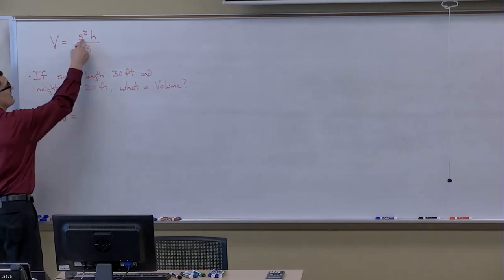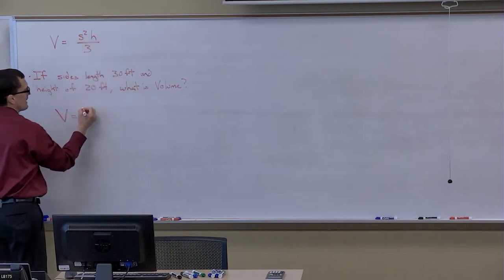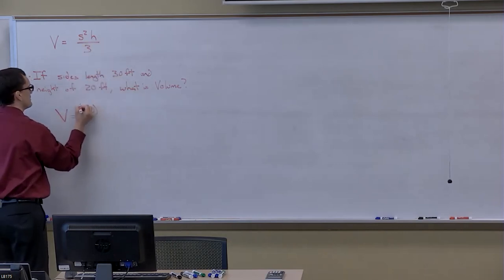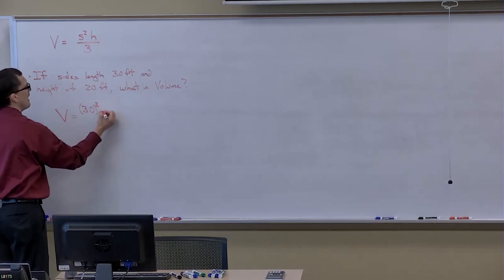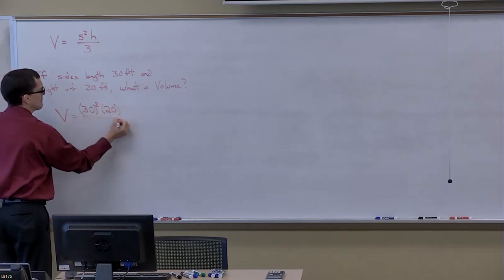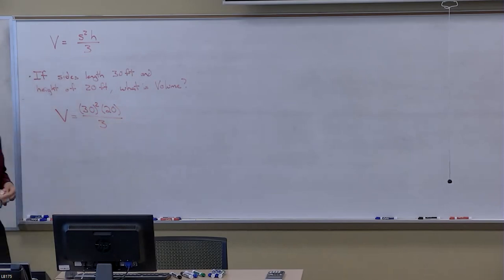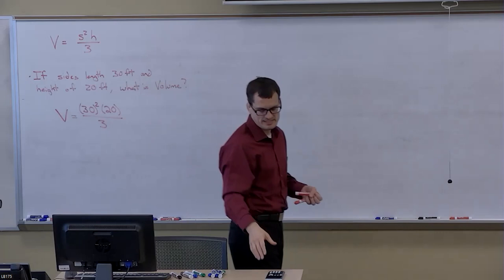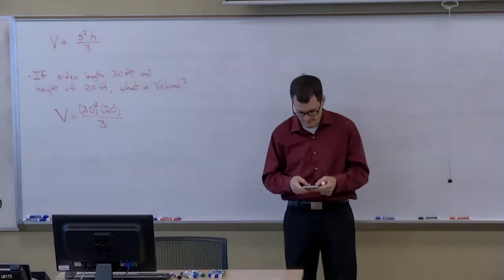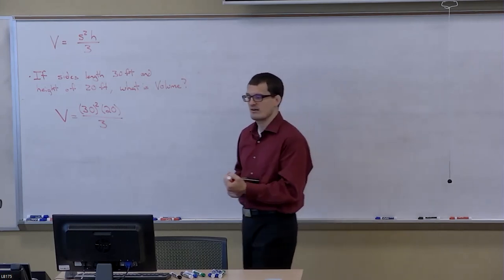Since we're dealing with side lengths of 30, the 30 goes in for the S. The height of 20 goes in for the H. And then dividing by 3, that's something I can just type into my calculator. So I put 30 squared times 20 and then divide by 3. I get 6,000.